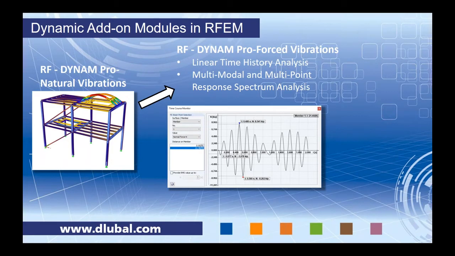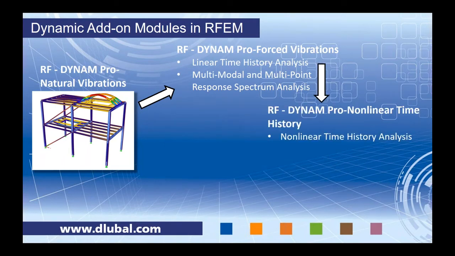Because this is a linear time history analysis, similar to natural vibrations, we will simply replace the tension-only member with a truss element. The truss element can take both tension and compression. So as we're looking at these normal forces over the allotted period of time for our time history analysis, we'll see tension forces, but then we also see compression forces here, and that's just simply a limitation of a linear analysis.